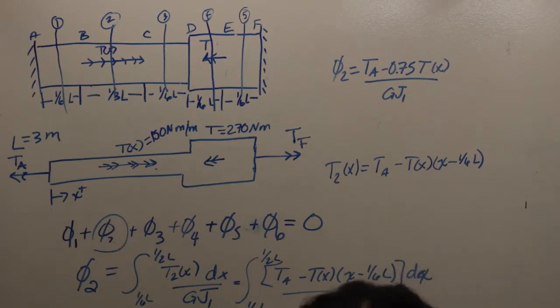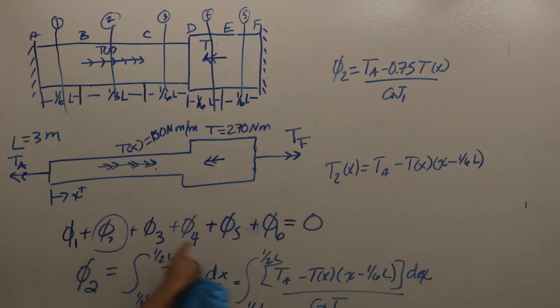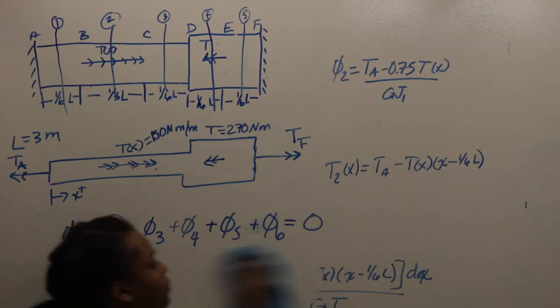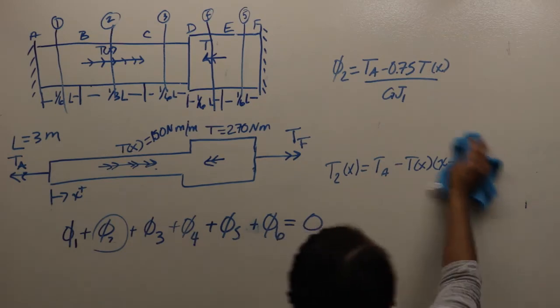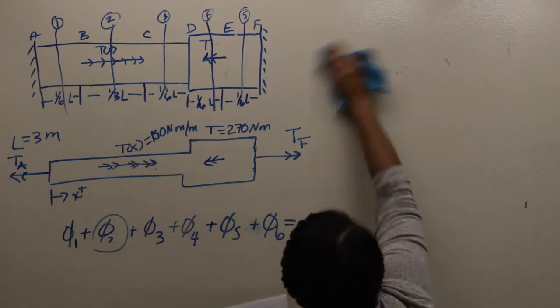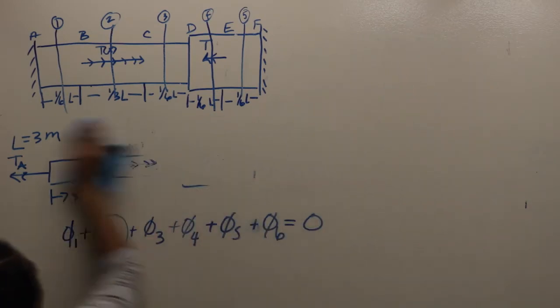Now, in order to find the reaction torques, you have to add all of these up in this equation using the angle of twist and substituting in the torque displacement equations. You substitute the equilibrium equations into the torque displacement equations. I'm just going to write it out. I'm not going to put the numbers in. I'm just going to write out what these equations should look like.